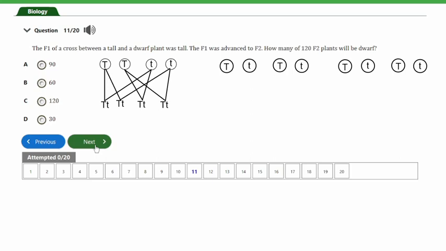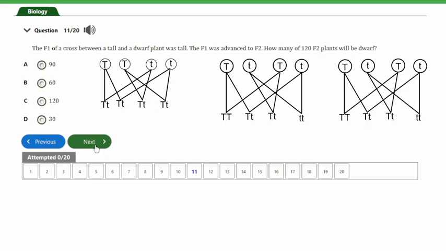If we cross 2 of these tall plants here, we realize 1 tall plant is homozygous tall, and then we'll have 2 tall plants which are heterozygous tall, and then we'll also have 1 dwarf plant which is homozygous dwarf. So guys, if we do the same for these 2, we also have the same over here. So in that case, we're having 2 homozygous dwarf plants. So they are the dwarf plants we're having here.